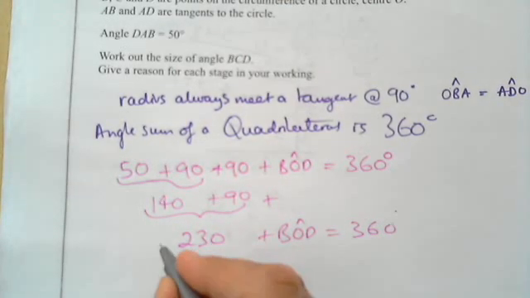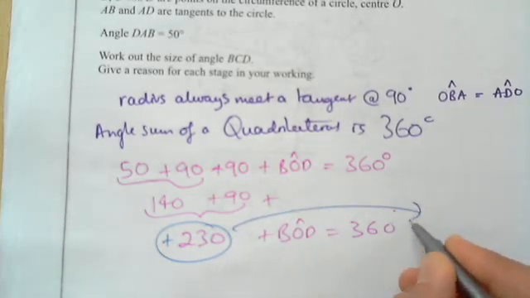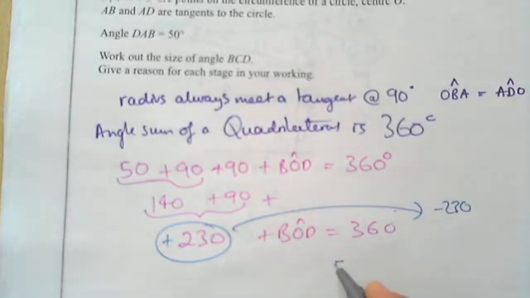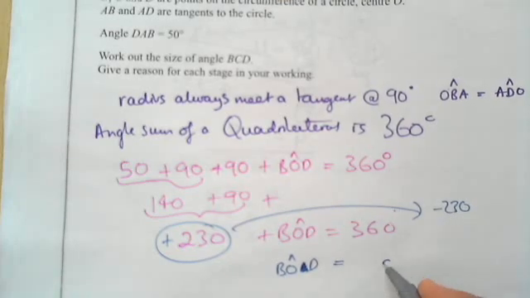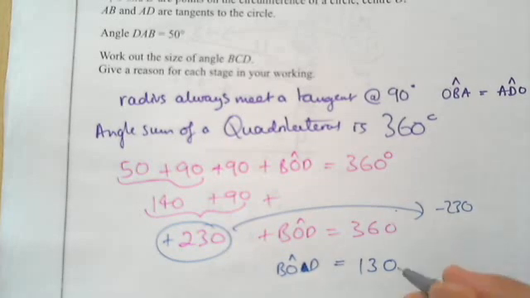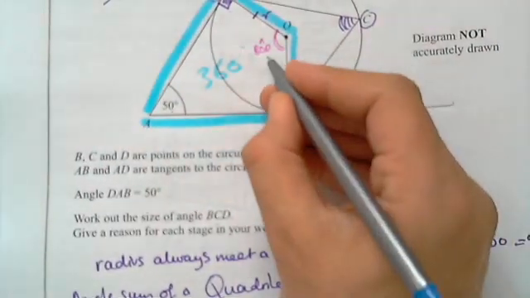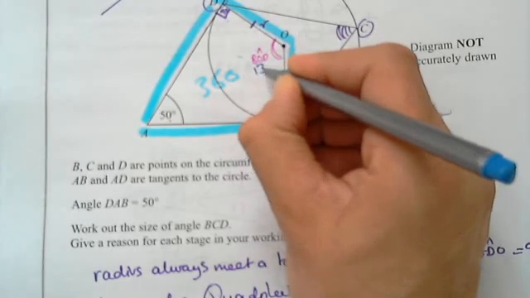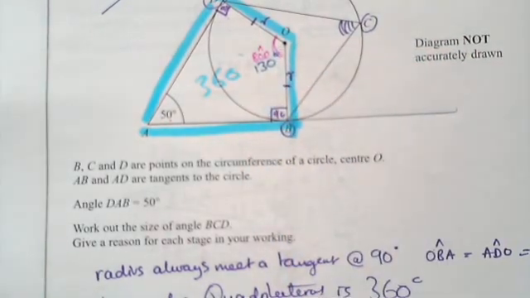So the opposite of adding 230 is minus 230. So BOD is equal to 360 minus 230, which gives an angle of 130. So we now know that BOD here is 130 degrees.